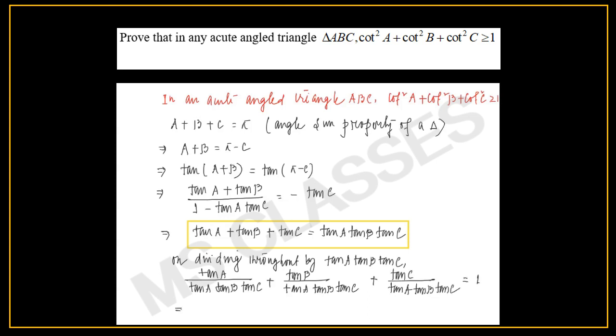Now this gives us that cot B cot C plus cot A cot C plus cot A cot B equals 1. We mark this as equation 1. Now this is also a well-known result.